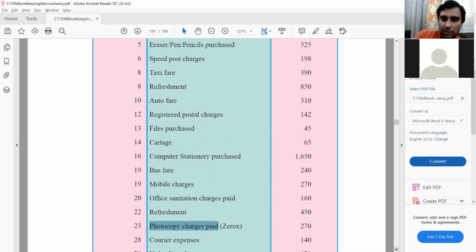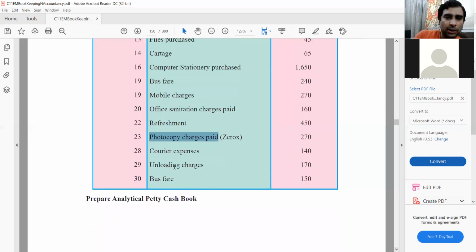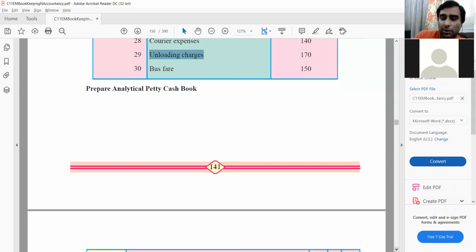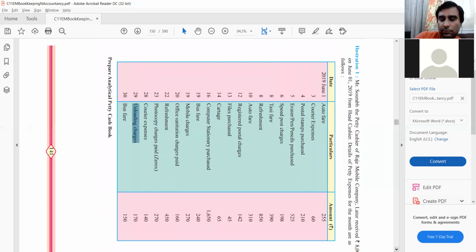So we'll see these unloading charges. This is labor. Unloading charges will go in wages. Unloading charges typically get capitalized also into the cost of the purchases. So let's see what they are showing in your syllabus.